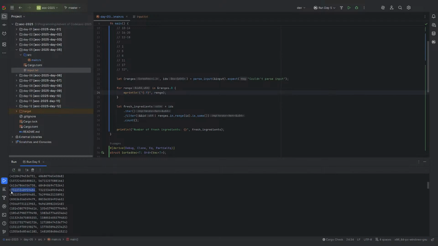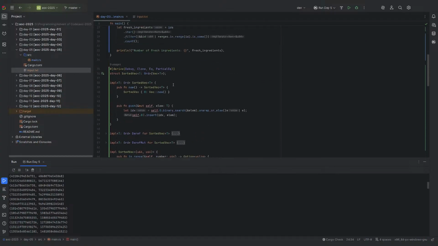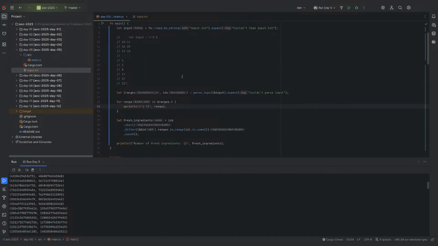Oh. Are those the same numbers? Oh no. Those are adjacent ranges, are they not? Because they're inclusive, I should check for that. I might have to combine a range.